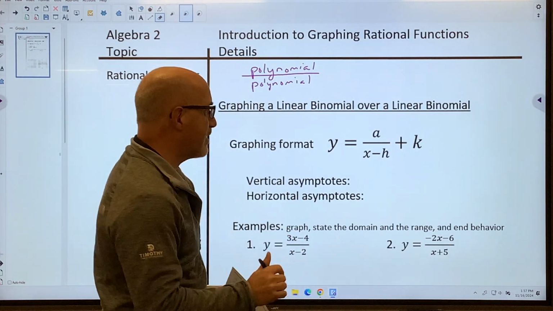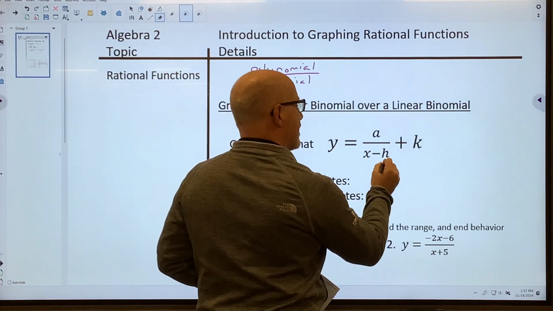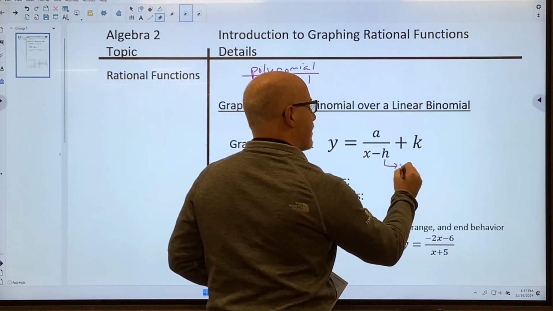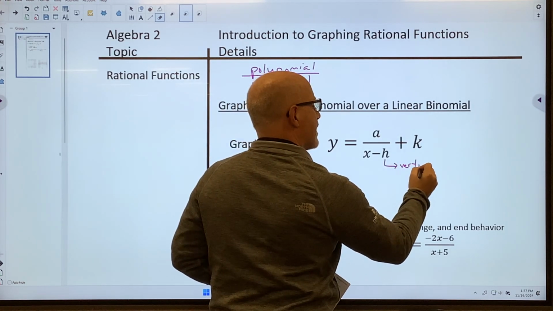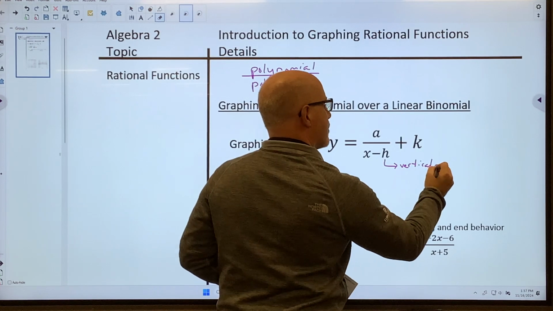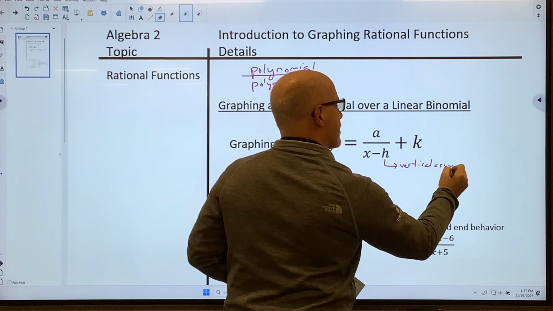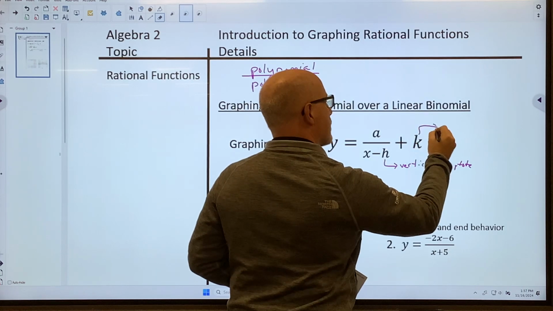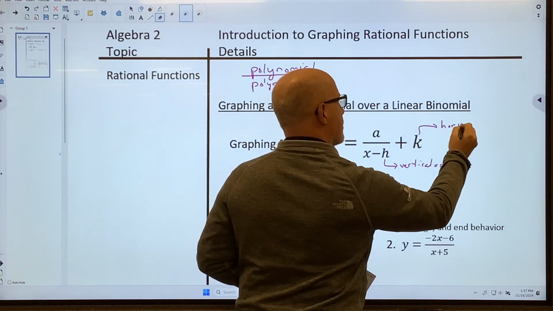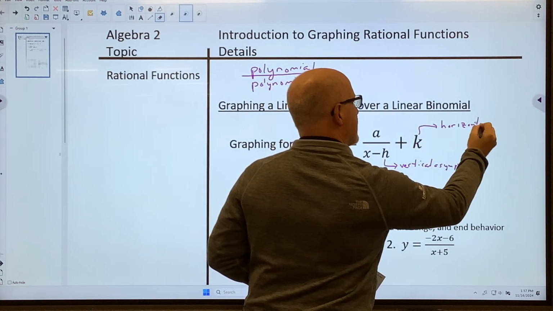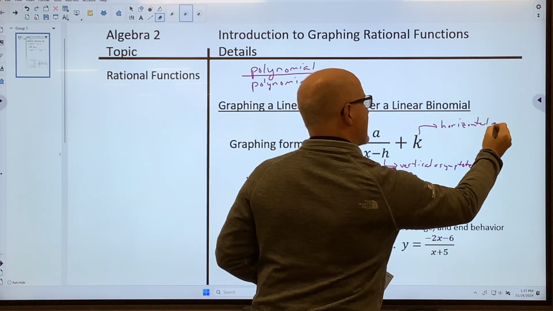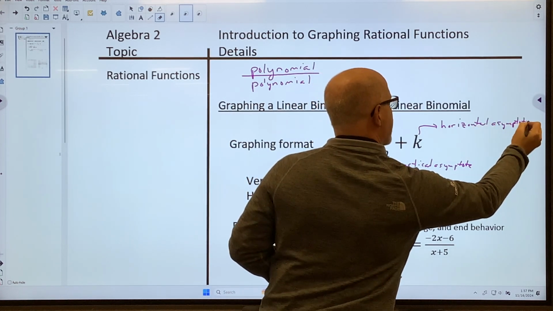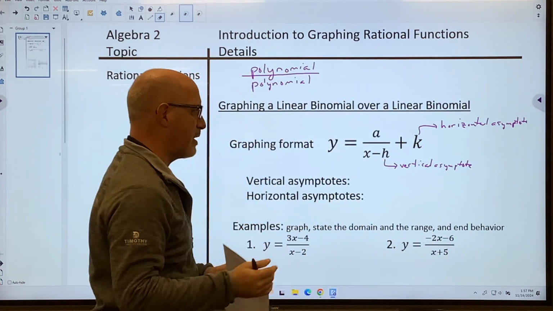When looking at this format, this value will tell us what the vertical asymptote will be, and this one will tell us what the horizontal asymptote will be. That's what we're looking for to get insight from this format. We won't always use this format, but it will help us here.